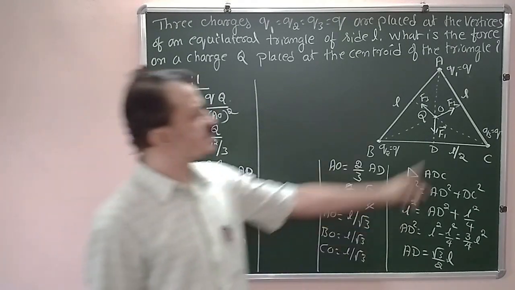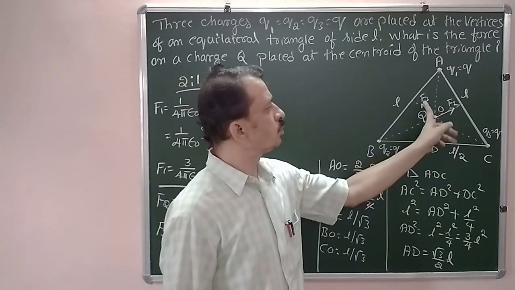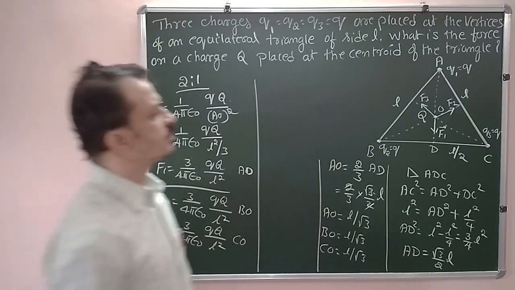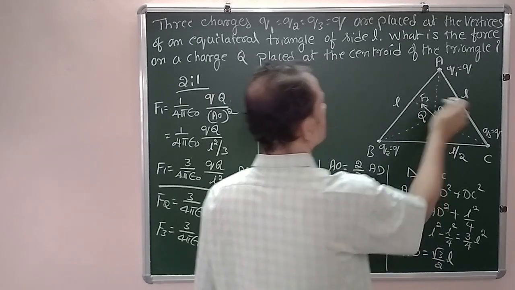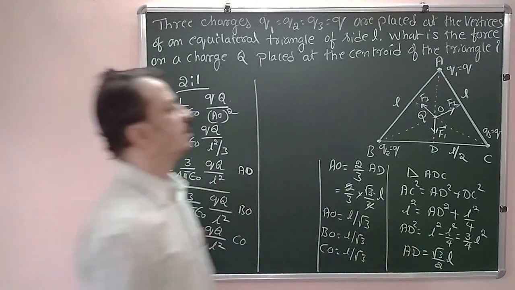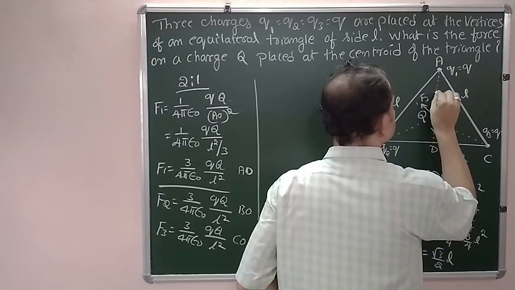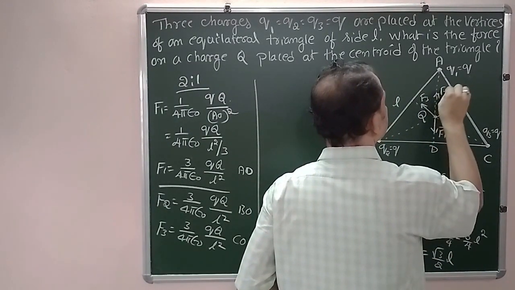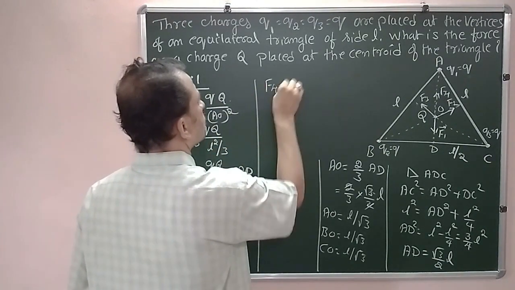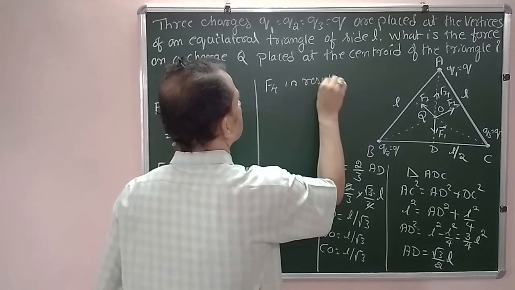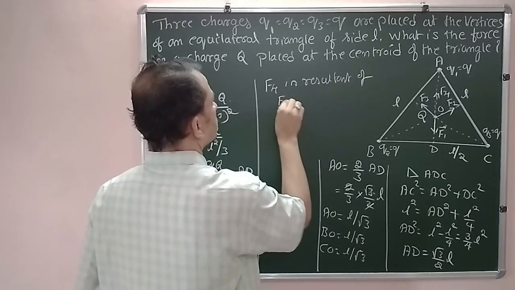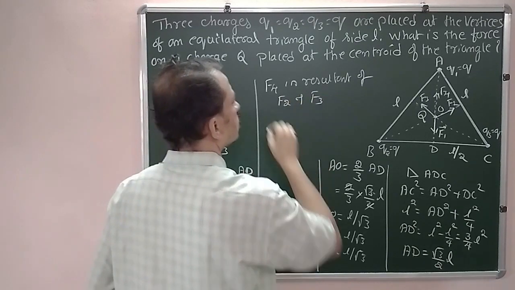Now let me find the resultant of these two, F2 and F3. Since these two are equal in magnitude, the resultant of them is along this one. Let me write the force F4 is the resultant of F2 and F3.